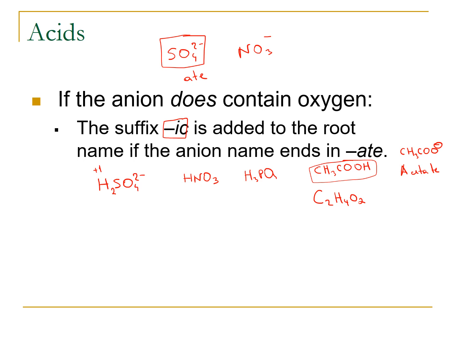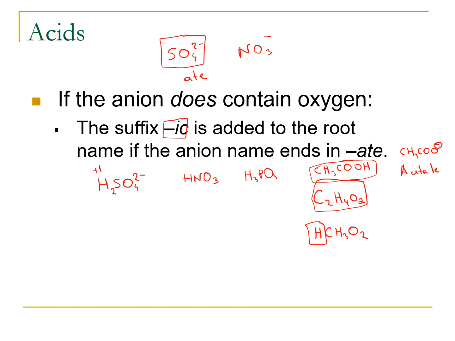It always has the same number of carbons and hydrogens. So don't get confused whenever you see this. It's going to be the acetic acid. And also sometimes the H might be written in front, so it can be HC2H3O2, just to emphasize that it is an acid, even though this is more rare to see. But yet again, just remember that this is all the acetic acid.